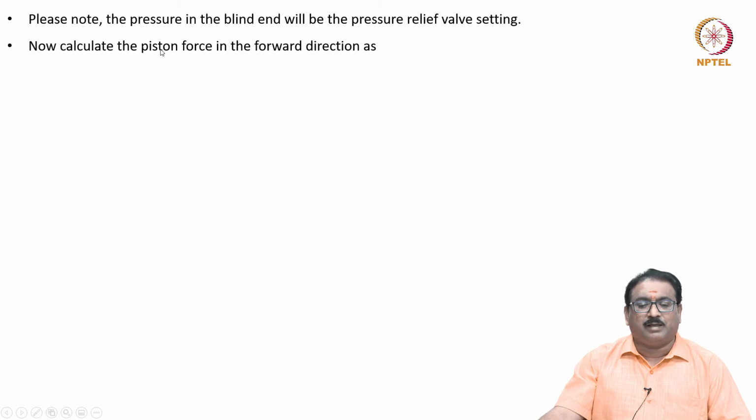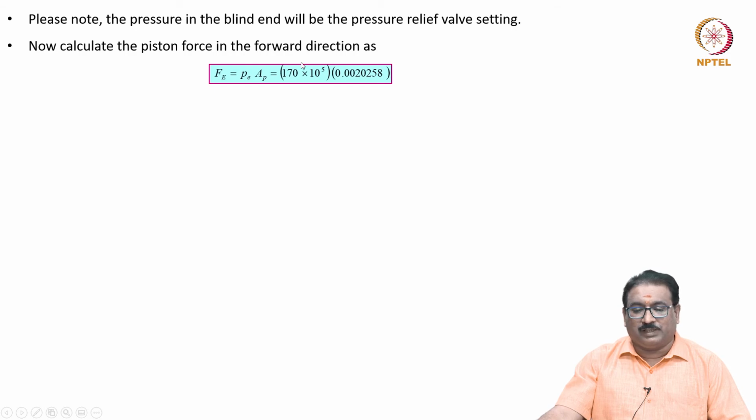Now calculate the piston force in the forward direction. So, the forward direction FP equals P into AP, correct? I am substituting the setting pressure and area. I will get Fe equal to this many Newton, divided by 1000 will give you the kilonewton, 34.4386.